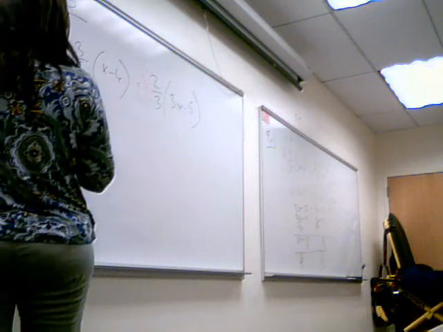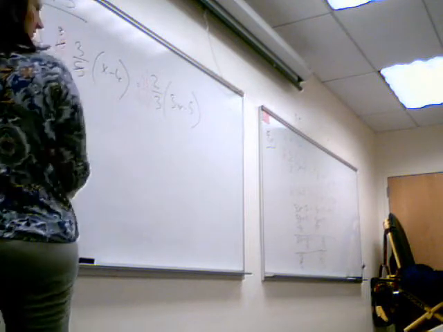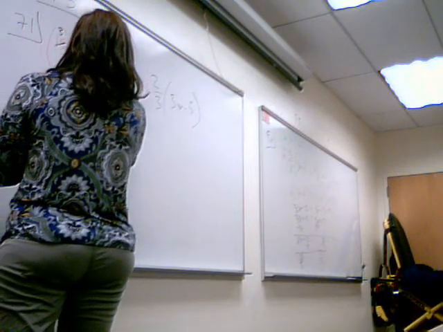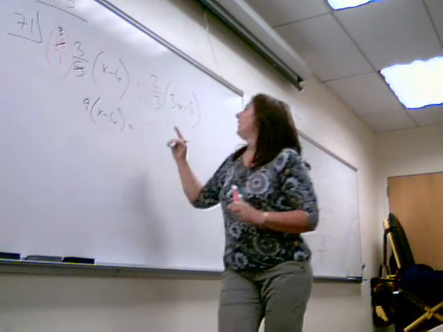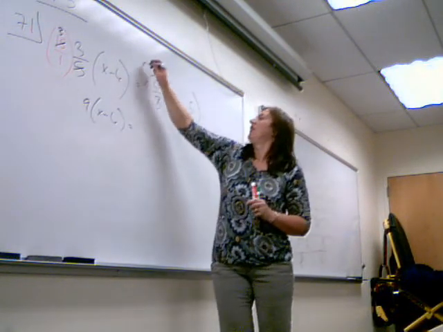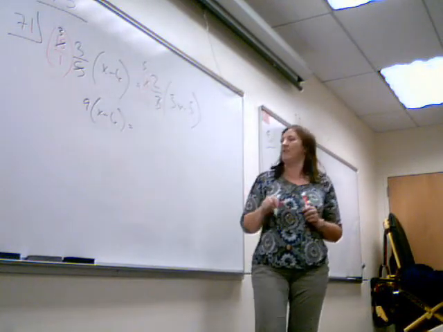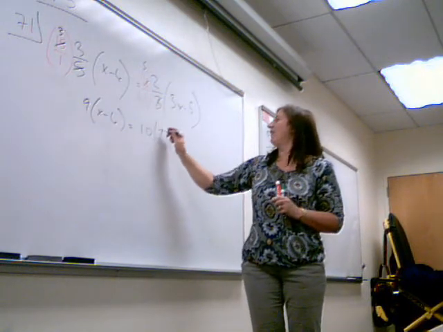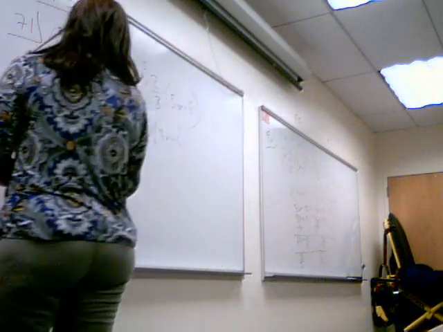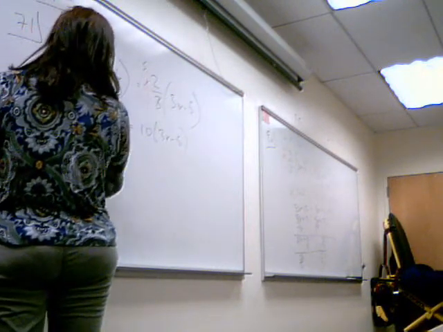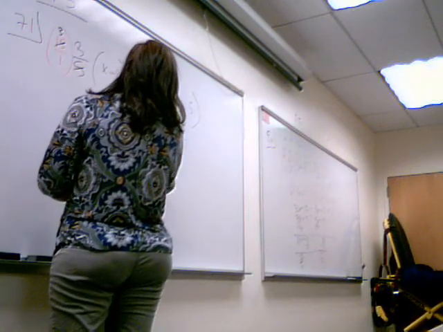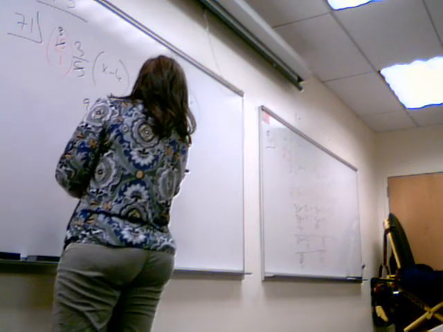So 5 goes into 15 3 times, right? 3 times 3, 9. Okay, and then I can distribute that 9 through. 3 goes into 15 5 times. 5 times 2 is 10, and then I've got 3x minus 5. Now let's distribute everything through. I've got 9x minus 54, and then I've got 30x minus 50.